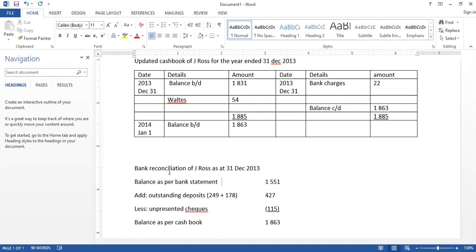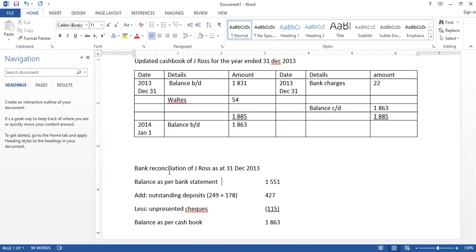Okay. Number 4, the bank has collected a bill of 2,110 for the business, for the entity. The transaction has not yet been recorded in the entity's books. So what the bank did, the bank collected a bill of 2,110, but the transaction was not recorded in the entity's books.